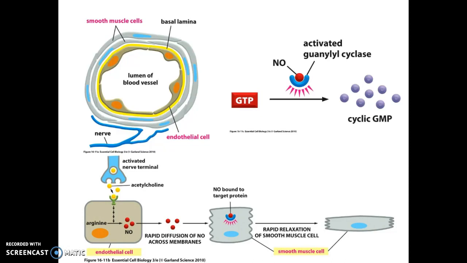So if we're making cyclic GMP at the same rate, but we're not taking it away anymore, we get more cyclic GMP. So an inhibitor of phosphodiesterase causes a change in the microvasculature.